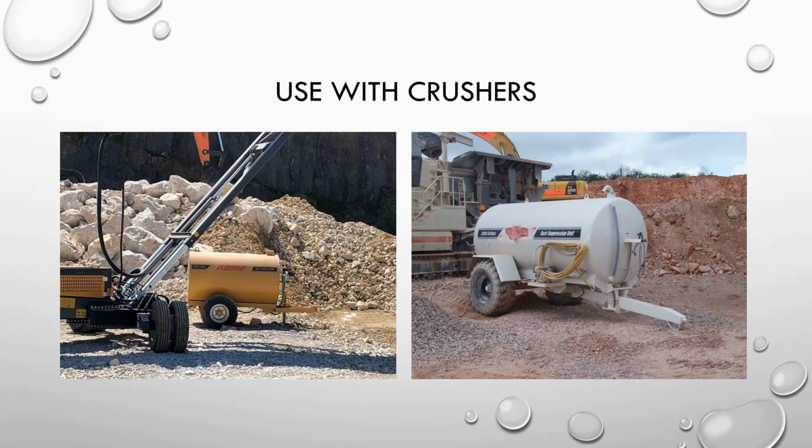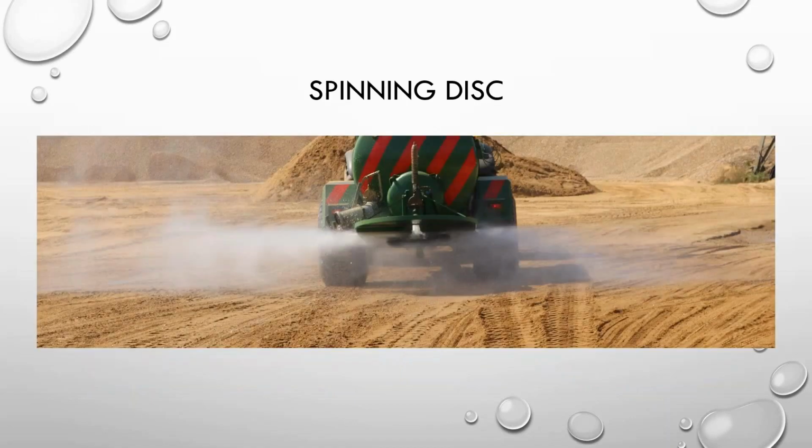In situations where water consumption is an issue and efficiency is a must, an option available would be a hydraulically driven carbon fibre spinning disc assembly mounted to the rear of the tanker. Being gravity fed, it uses far less water than pressurised systems and gives the operator greater control.